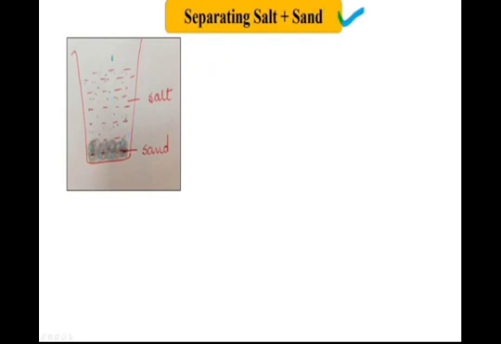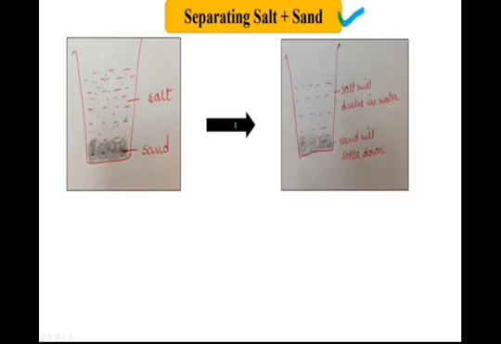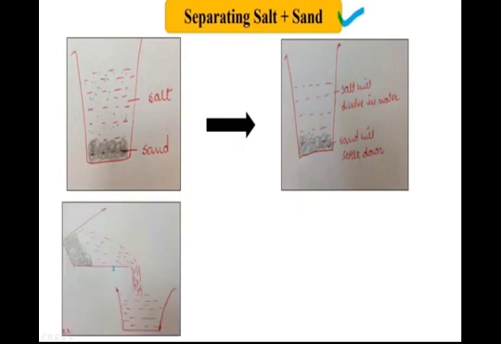So take the salt and sand in a glass and add water, and after that what you have to do? Yes, after that the both will be settled down. The sand will settle down and the salt will be dissolved in water. You decant it.